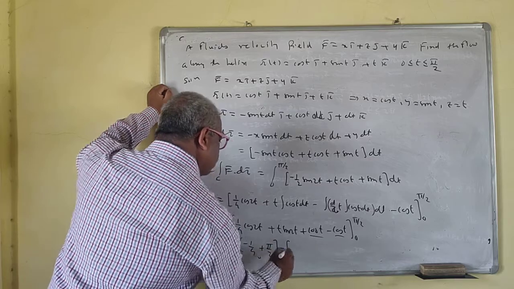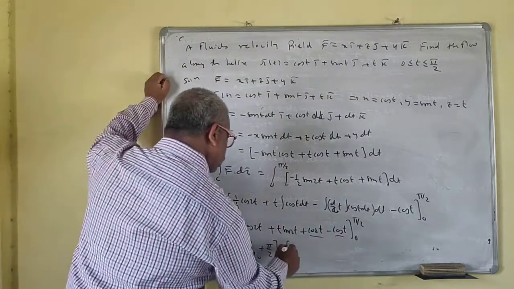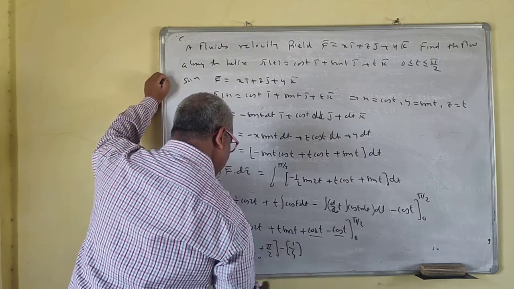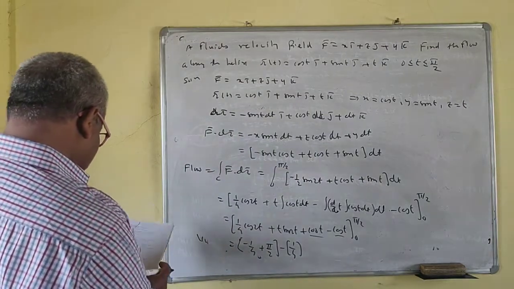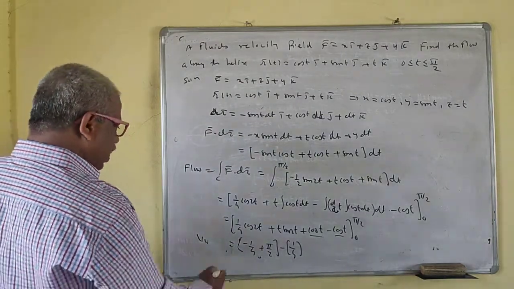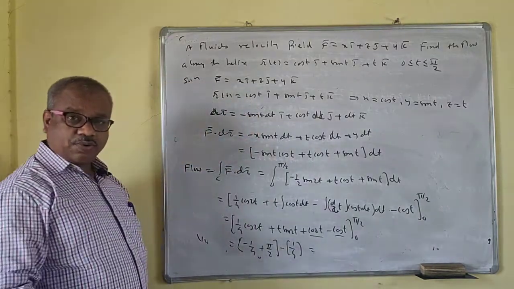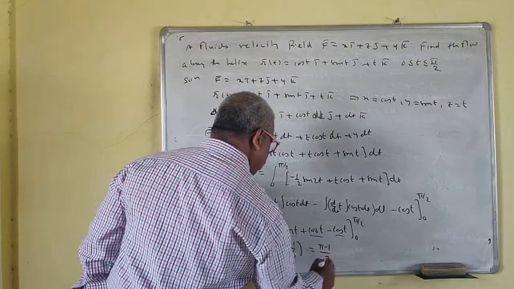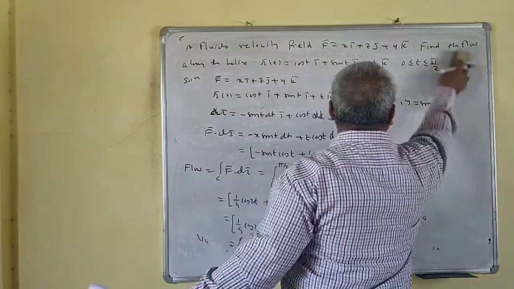Minus, if you put t equal to 0, cos 0 is 1 and the sin term is 0, so this is 1 by 4. So minus 1 by 4 minus 1 by 4 is minus 2 by 4, that is minus half. So this is pi minus 1 upon 2. This is the answer, pi minus 1 upon 2. Now we'll go to the next problem.